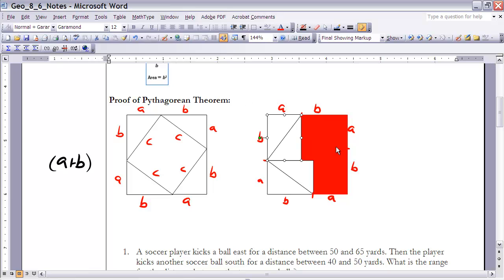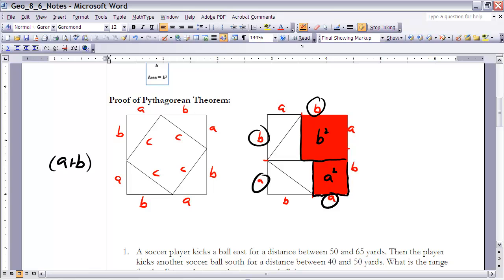So now if you look at what's left over, this red area, which still represents C squared, there are 2 squares there. This square, which is B by B, so this is B squared, and then I have another square down here which is A by A, therefore that is A squared. So the red area, which was originally C squared, is now equal to A squared plus B squared.